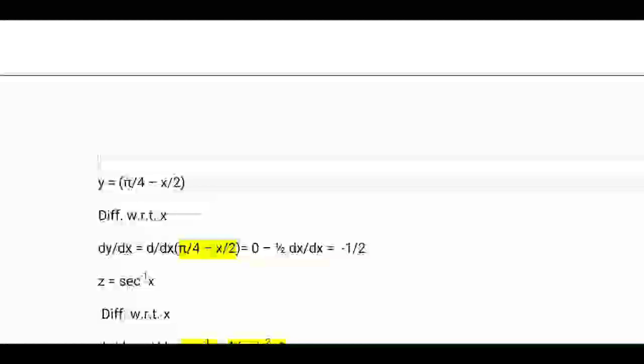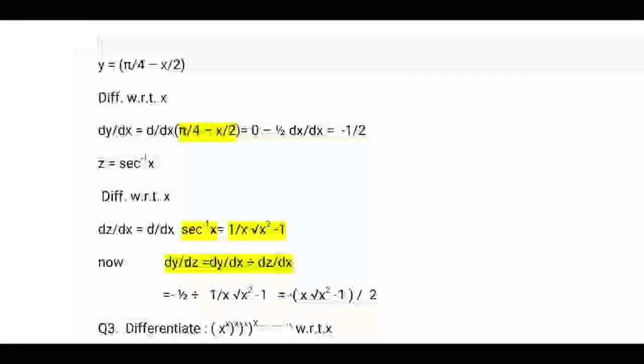Now differentiate both sides with respect to x, we get dy upon dx is equal to d upon dx of (pi by 4 minus x by 2). Pi by 4 is a constant quantity, so d upon dx of pi by 4 is 0, and d upon dx of x by 2, 1 by 2 take outside, so d upon dx of x is 1. Thus we get 0 minus half, that is minus half.